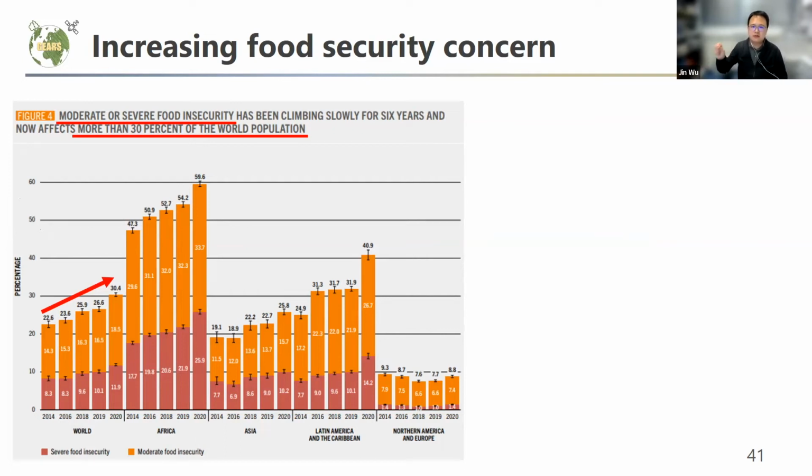That will demand more food. So we expect this ratio will increase in the next few decades. And particularly across different regions, we can see Africa suffers most, Latin America also suffers, and even in most of Asia, we still have a long-term rate of more than 20% for food insecurity issues.